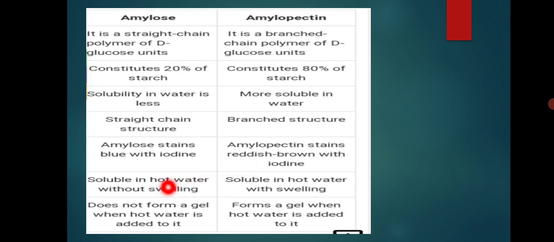Amylose is soluble in hot water without swelling. It doesn't swell in hot water, and amylopectin is soluble in hot water with swelling. Amylose does not form a gel when hot water is added to it, and amylopectin forms a gel when hot water is added to it.